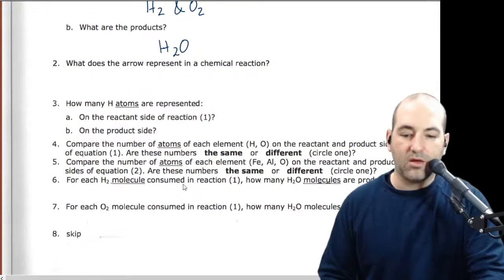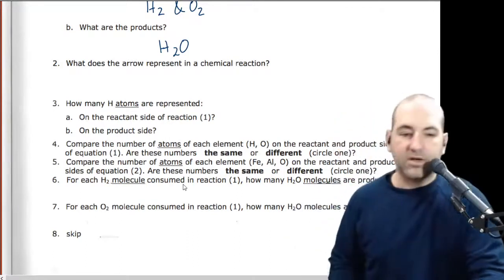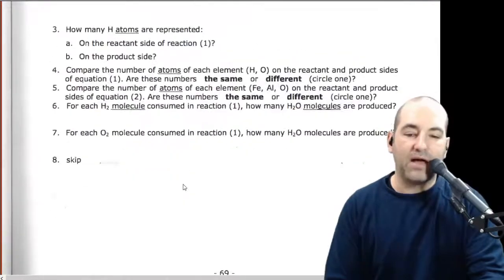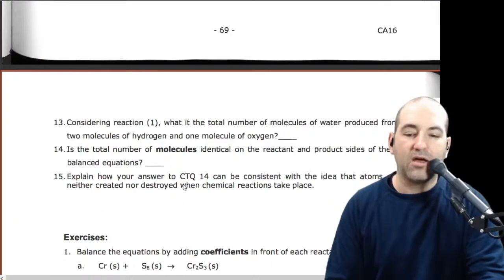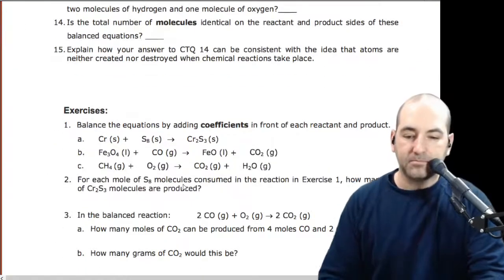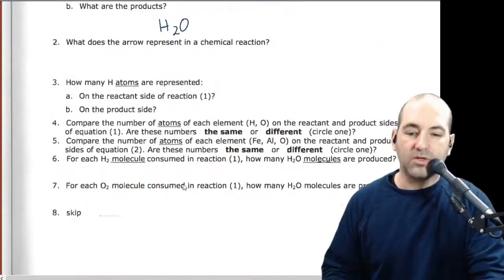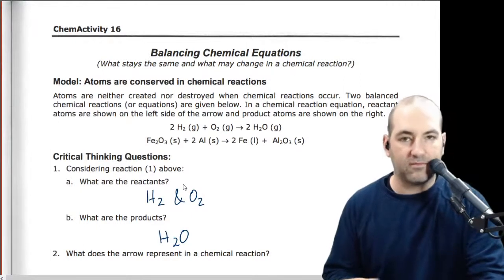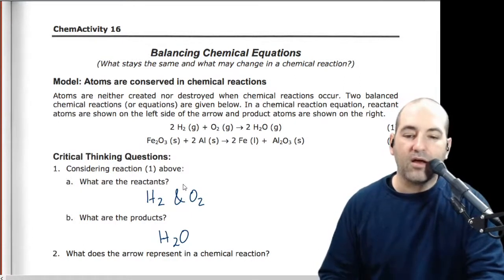Okay. So the rest of this document kind of takes you through how to deal with that and how to do this balancing, where we're figuring out how many are on each side. Now, the one that we just did, it was relatively easy to just look at it and kind of play with the numbers and figure it out. And that's probably true for this next one as well.